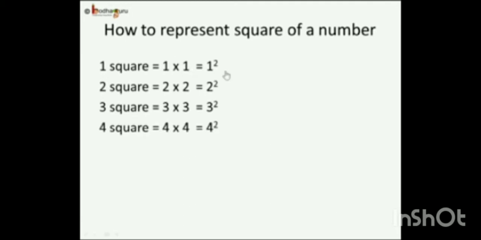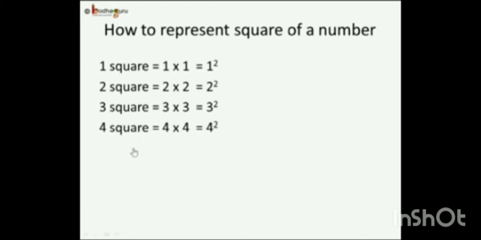So how do we represent a square of a number? When we say 1 square, which really means 1 into 1, that is a number by itself, it's represented 1, and we write 2 in a very small top right corner in smaller size. 2 square, same way, 2 square means 2 as a number multiplied by itself, 2 into 2. So it becomes 2, and then we write a small 2. 3 square, 3 is the number multiplied by itself, 3, small 2 at the top of it.